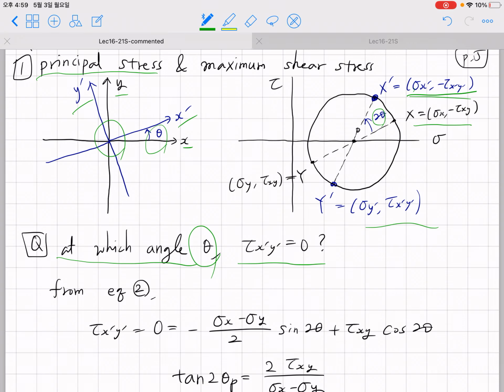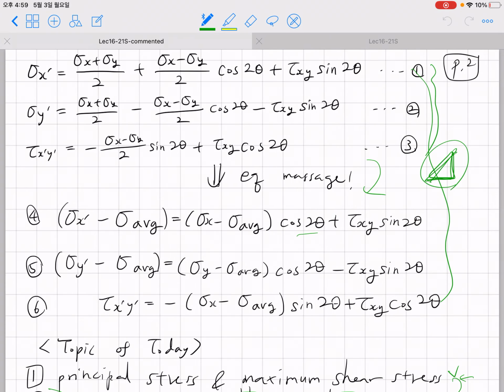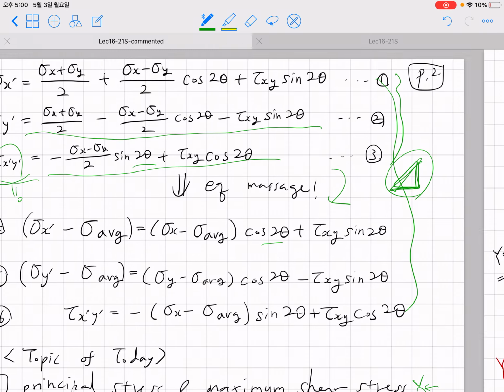Okay, so of course from equation 2, which is this equation, no, not this equation, maybe equation 3. If you put tau x prime y prime equal to 0, you can obtain the expression for theta directly.